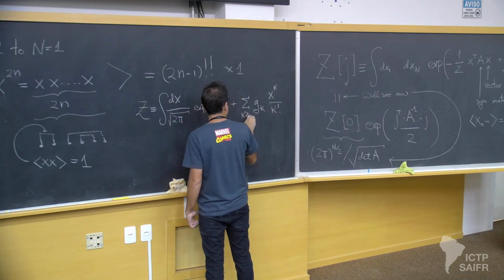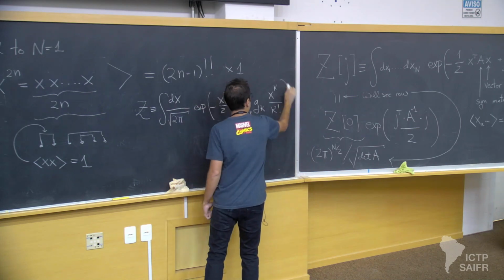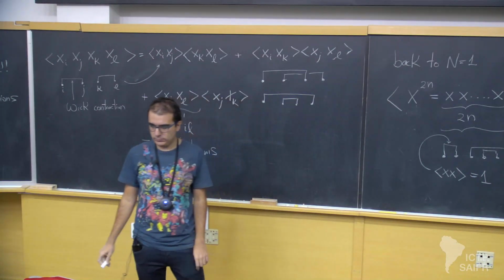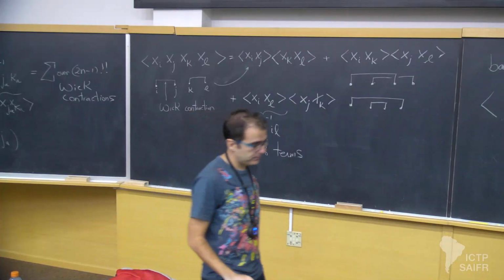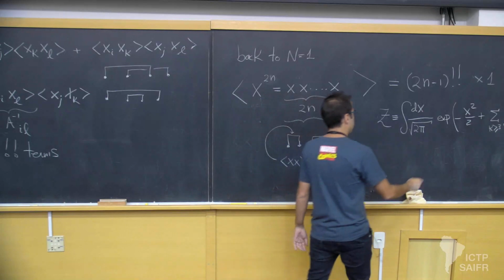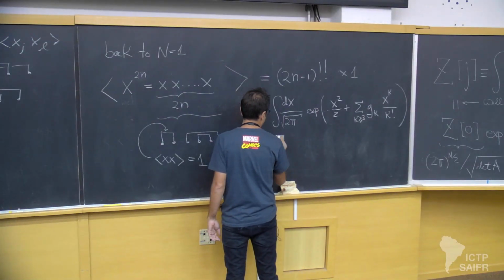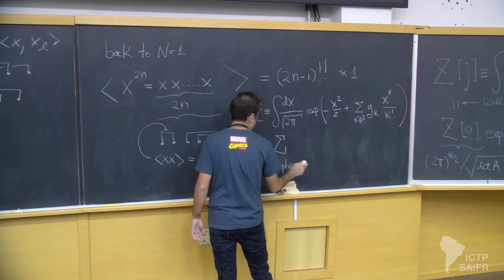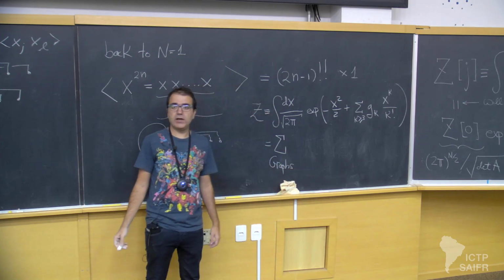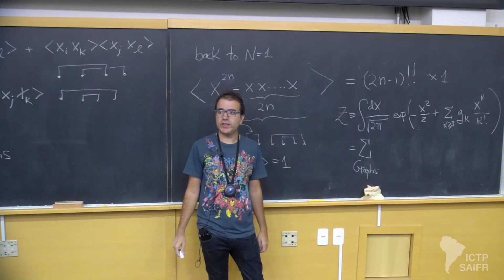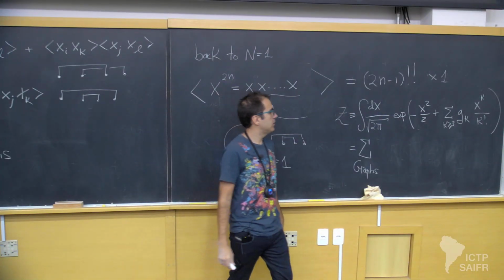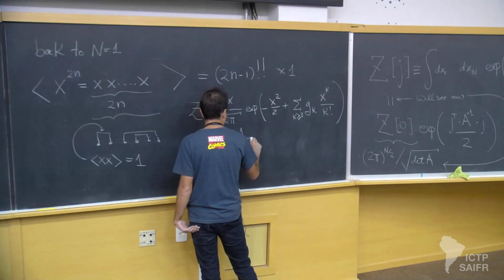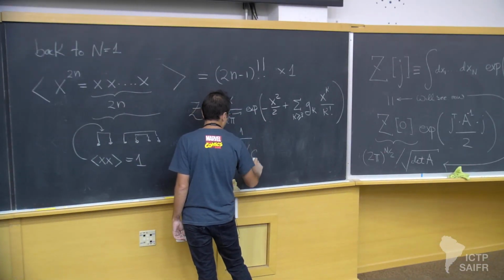Let's say that k is bigger or equal than 3. And this is equal to the sum over all possible graphs, because now I have all possible valencies, cubic, quartic, everything. Right? And now what should I write? So there will be 1 over the symmetry factor of the graph.